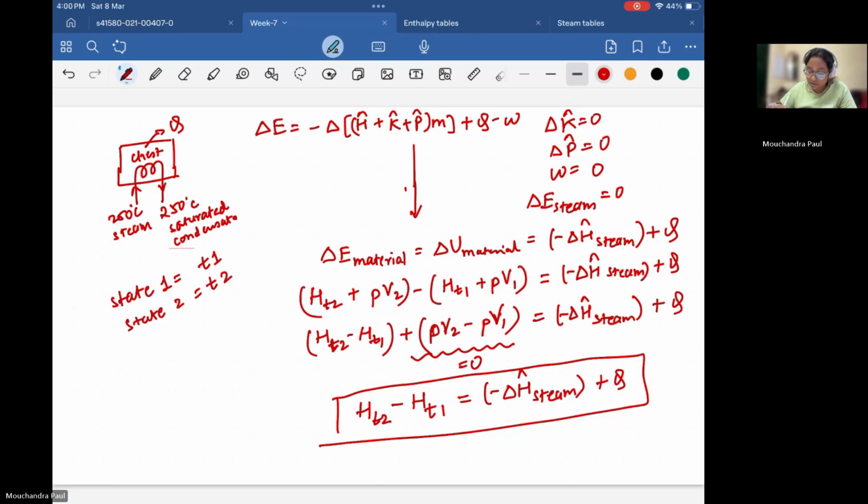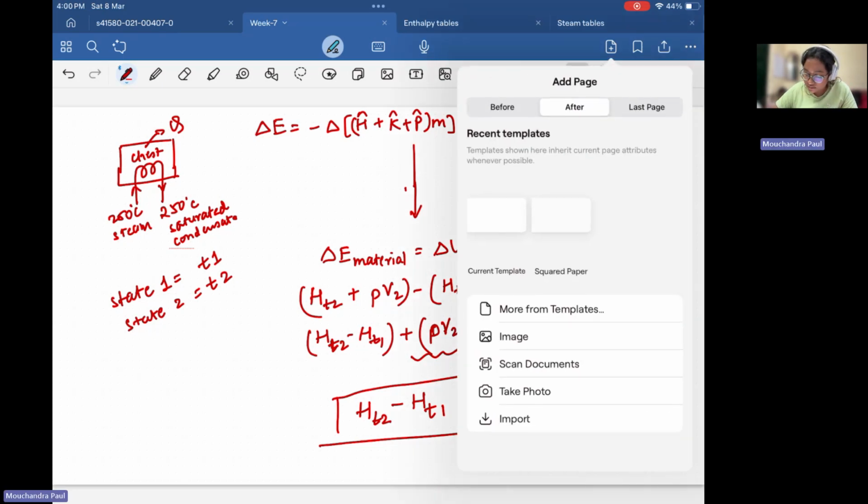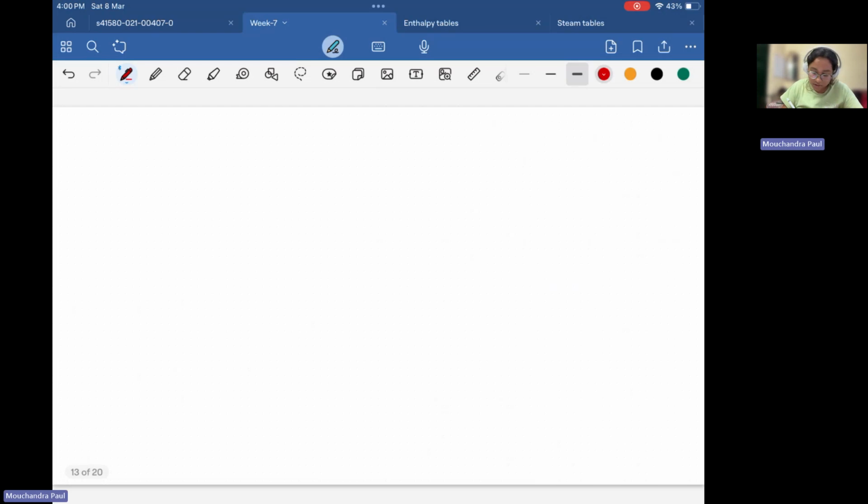Now, let's consider a basis of 1 hour of operation. During this 1 hour of operation, what is the heat loss?